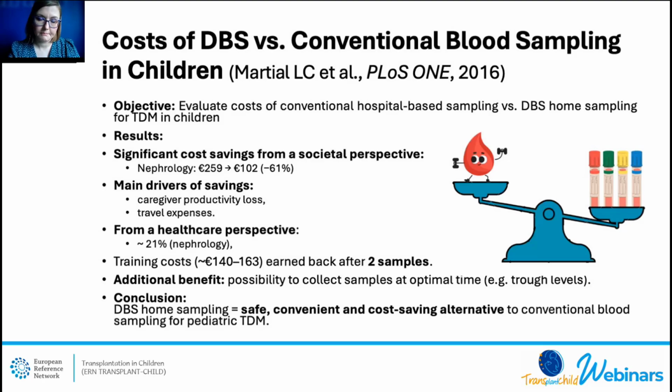So parents go to work, not to the hospital with children, and have lower travel expenses. From the healthcare perspective, saving was around 20%. Training costs were quickly recovered after only a few samples sent to hospital.